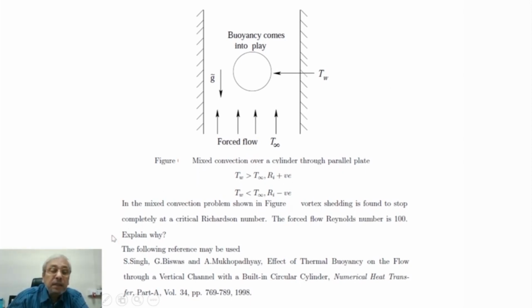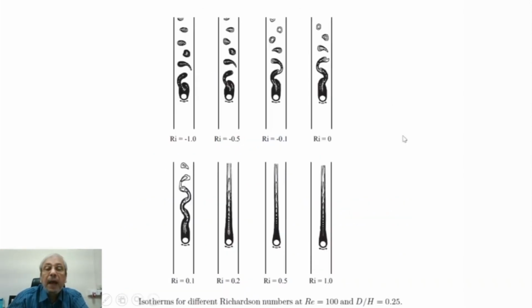So everybody can think about it and try to explain why such a situation takes place. This is a publication we have referred to. The complete analysis is available here, and graphically also we can show.